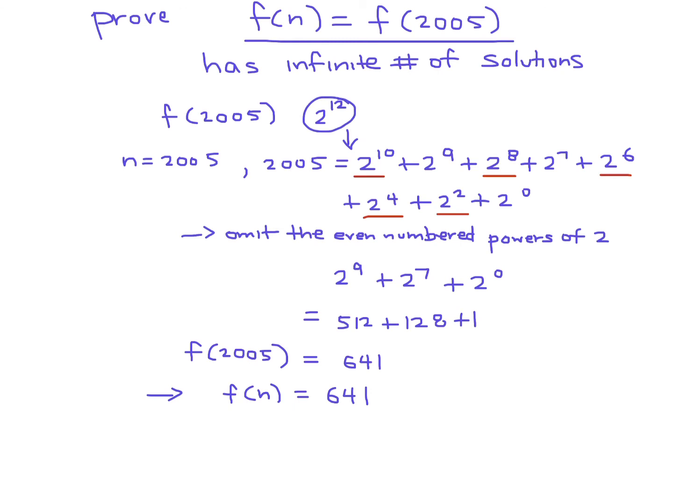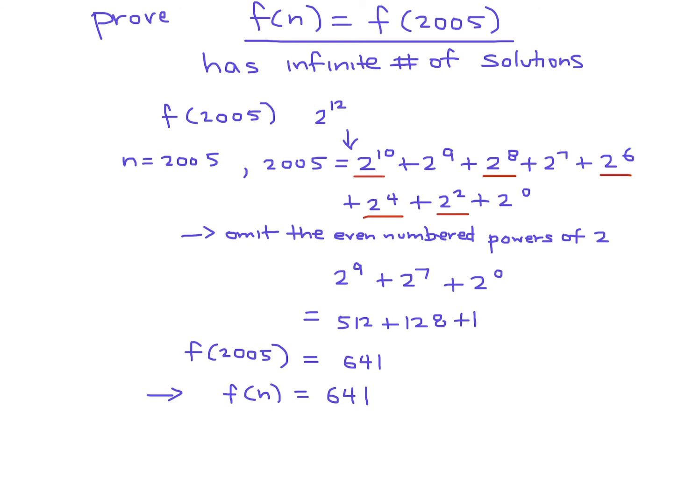So that will eventually end up with 641. Does that make sense? I hope that makes sense. I'll do it again. Let's say I added any even numbered power to this number, like 2 to the power of 12. When I use my system, I'm going to take it out. So in the end, I'll still end up with 641.